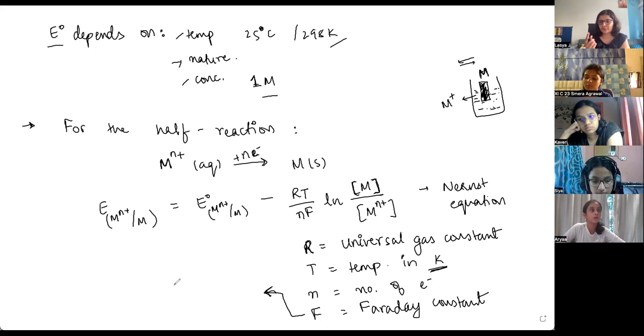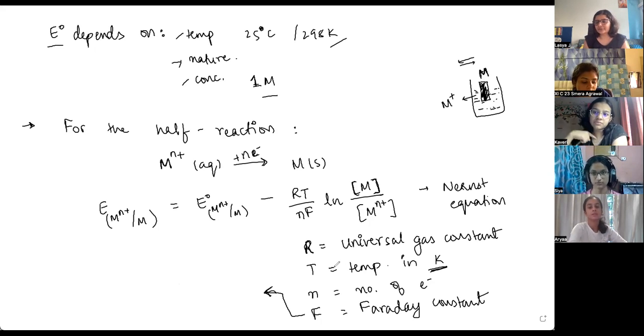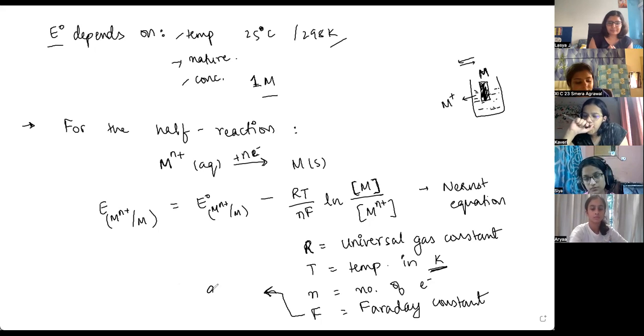A single proton or a single electron will have a certain unit of charge, right? Same numerical value, minus for electron, plus for proton. So if you take 1 mole of it, whatever numerical value you get, that is the Faraday constant. This is equal to 96,500 coulombs.